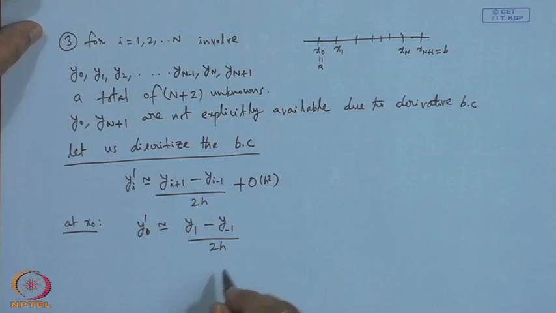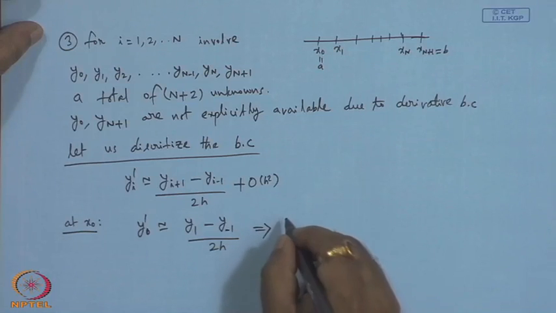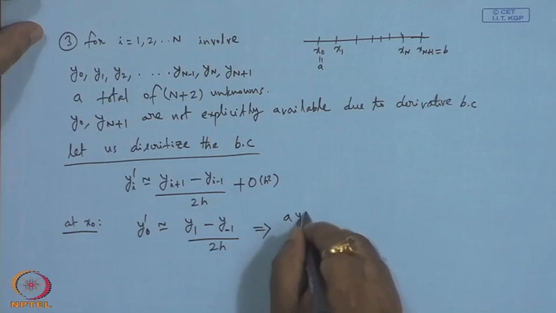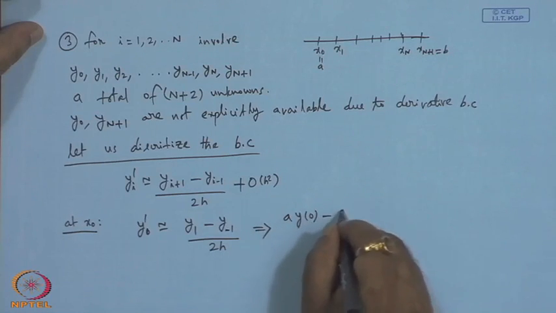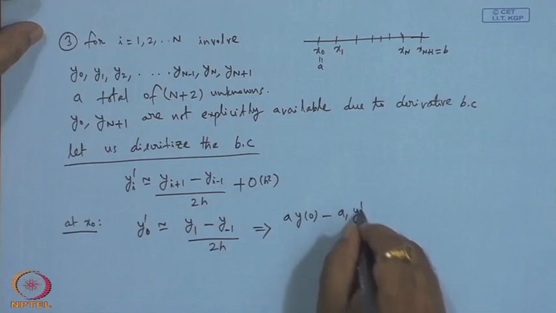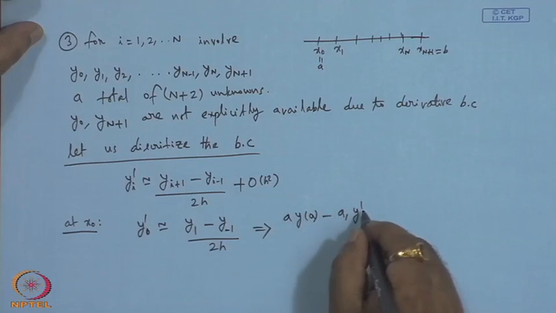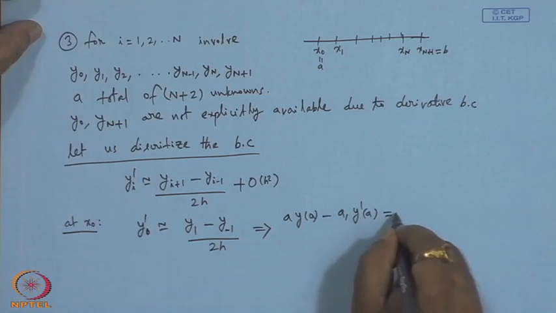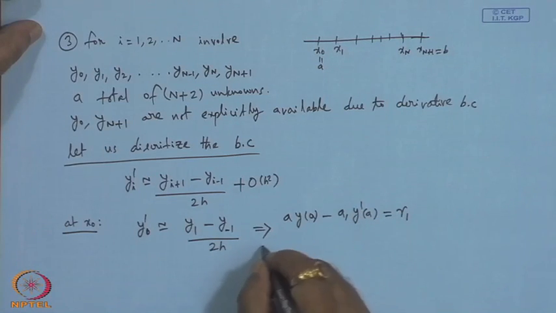This implies a 0 y 0 plus a 1 y dash of a equals gamma 1.